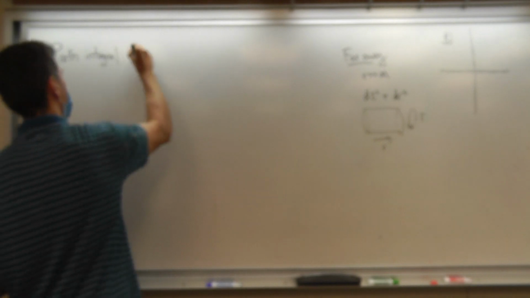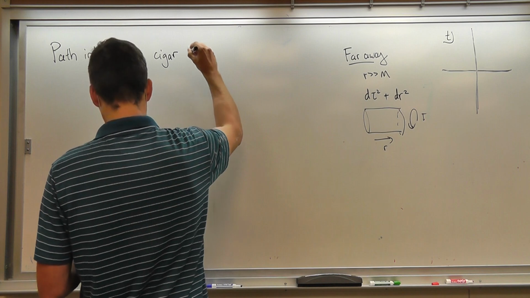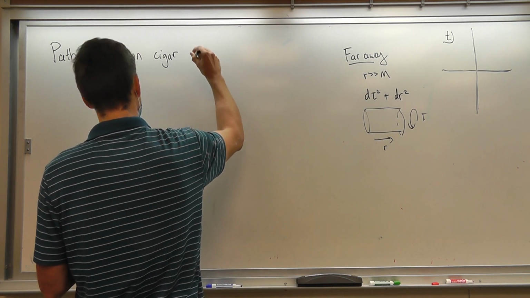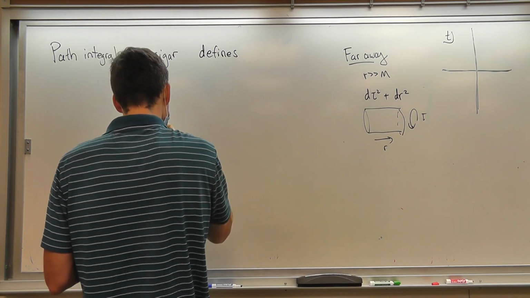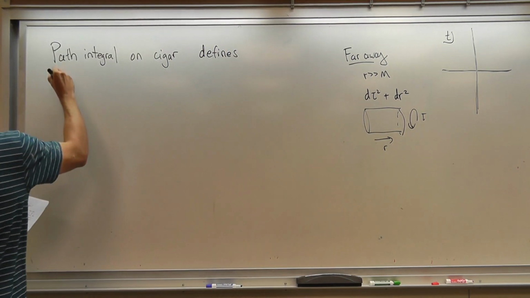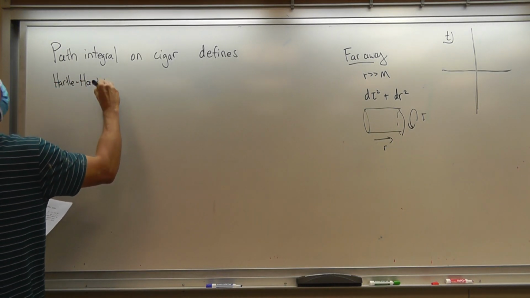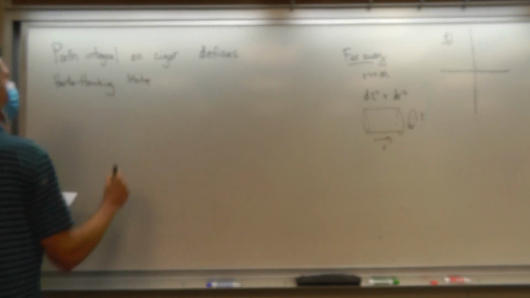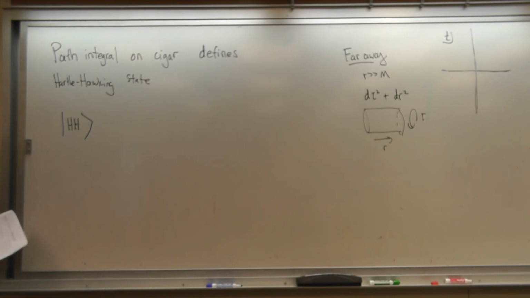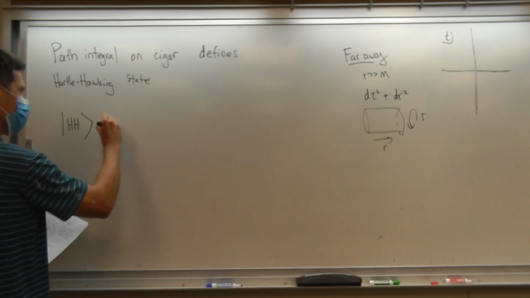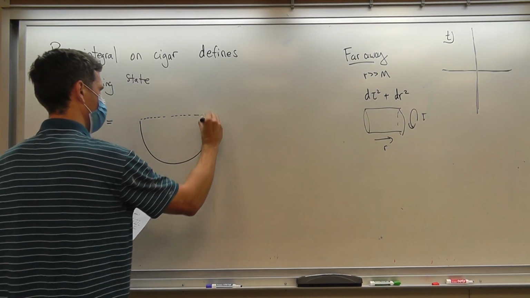So the path integral on the cigar defines the Hartle-Hawking state. The Hartle-Hawking state is this.